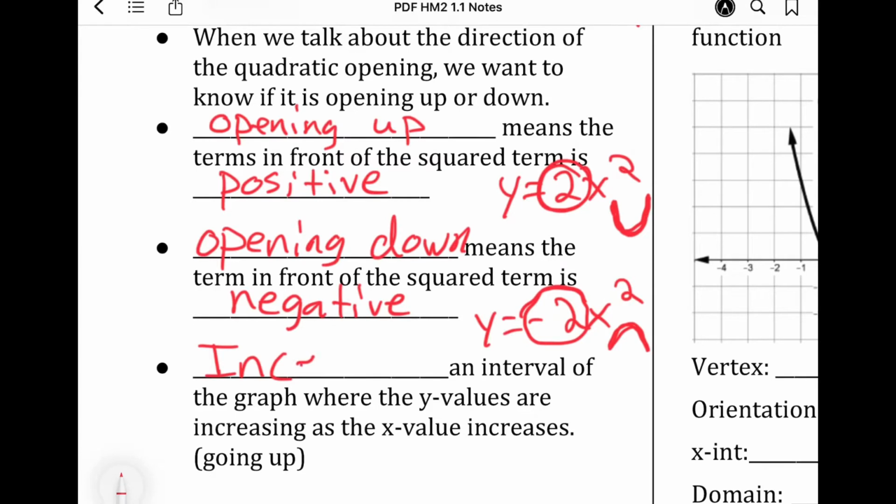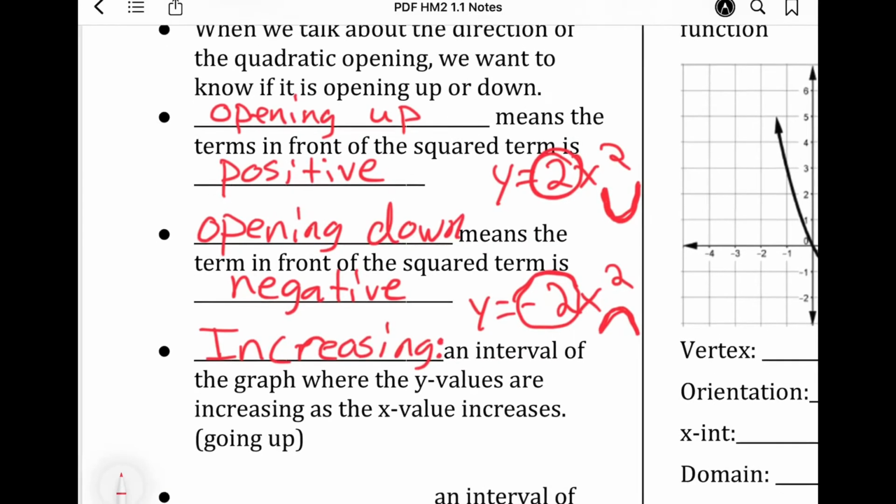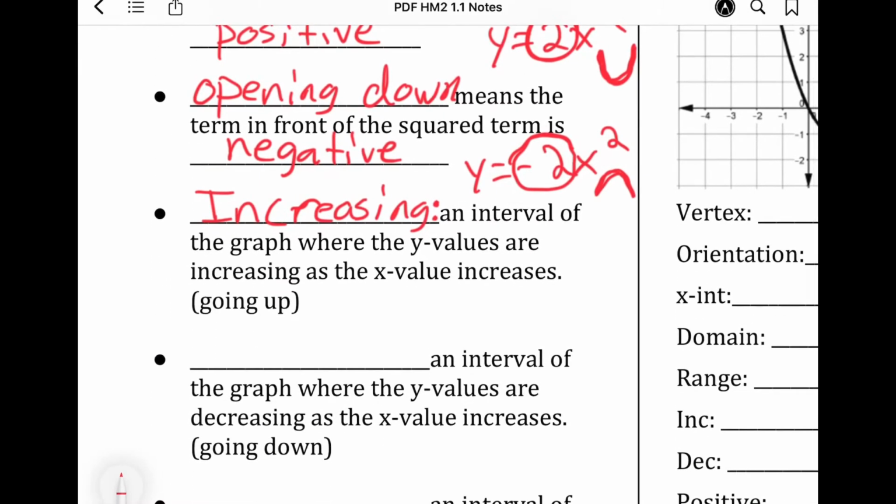Increasing means an interval of the graph where the y values are increasing as the x values are increasing. So if you had your y-axis and your x-axis, both your x and y values are increasing at the same time, it's going upward.